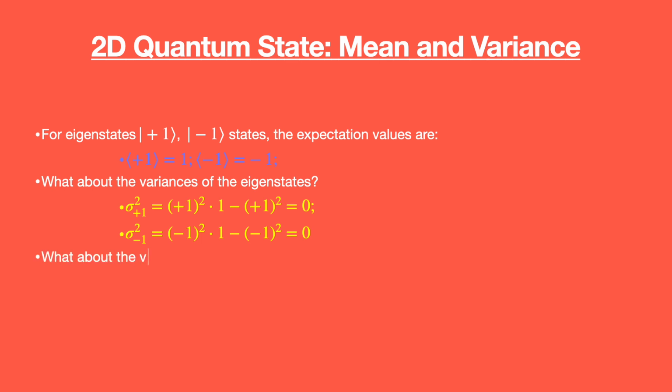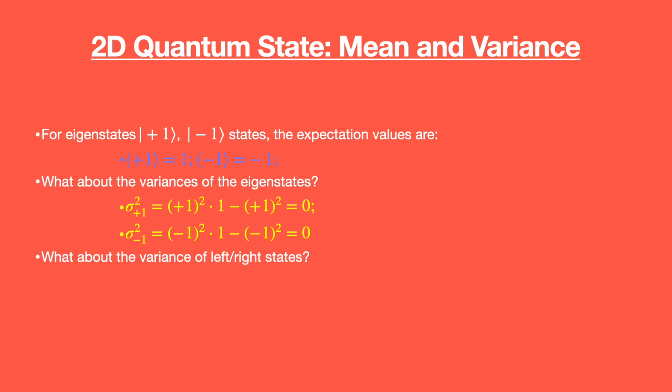sure states. The way you compute the variance in this case is that you take the value that you observe at the output. So for the arrow pointing up, what you'll observe at the output is a value +1. You square that value and multiply it with the probability with which you observe that value. Likewise for all the other values that you're likely to observe. Now for the +1 state, the only value that we'll observe is +1.